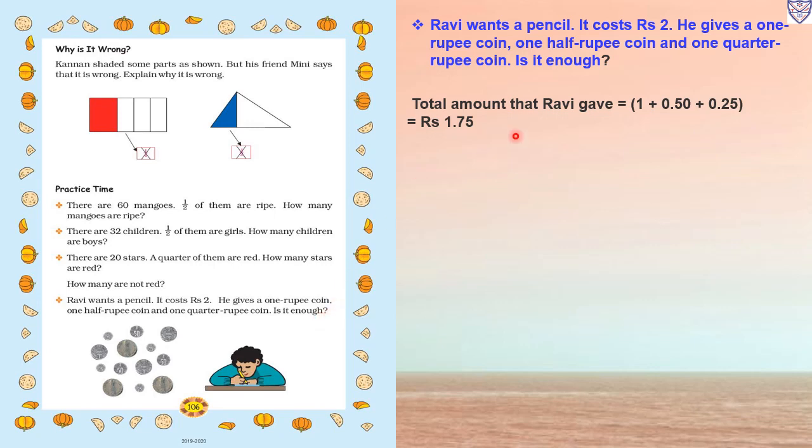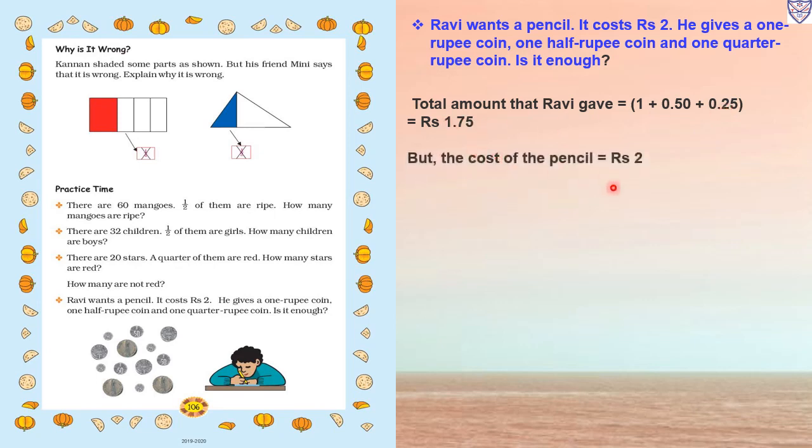So the total amount that Ravi gave: first he gave 1 rupee, then he gave a half rupee coin, half means 0.50 paise, then he gave 1/4 means 0.25. So how much will it be? 1.50 plus 0.25 means 1.75.